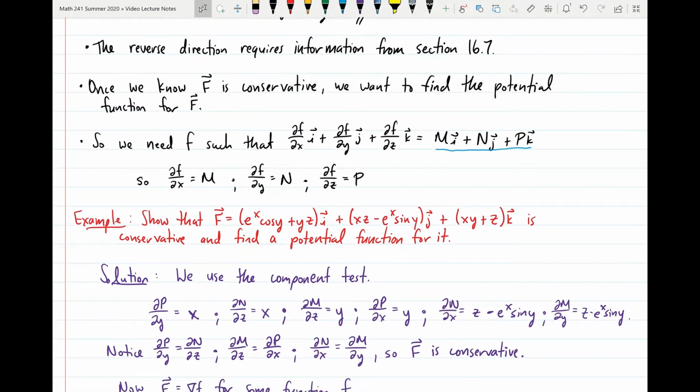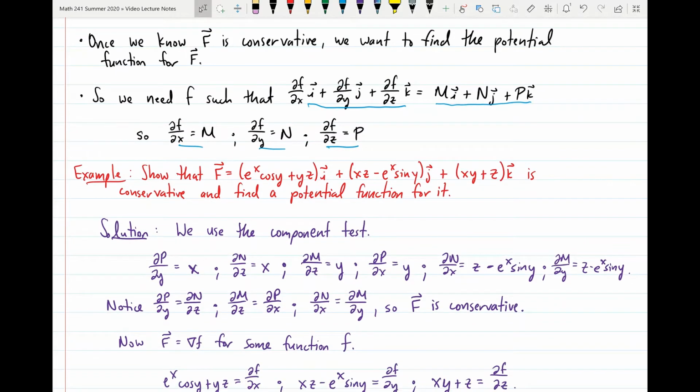And this equation here now tells us that M has to equal the partial derivative of f with respect to x, N has to equal the partial derivative of f with respect to y, and P has to equal the partial derivative of f with respect to z. So if we can find a scalar function, little f, such that these three equations hold, then that scalar function will work as a potential for our vector field f.